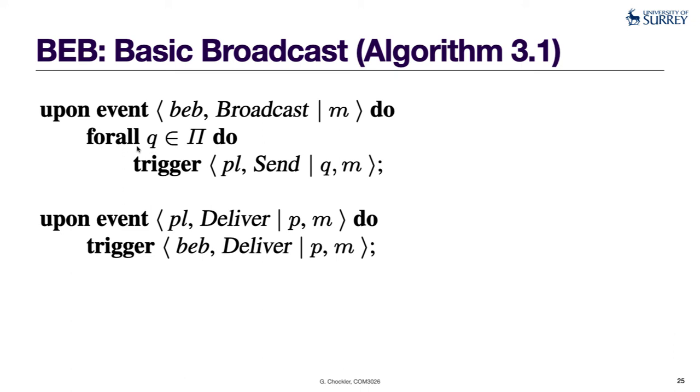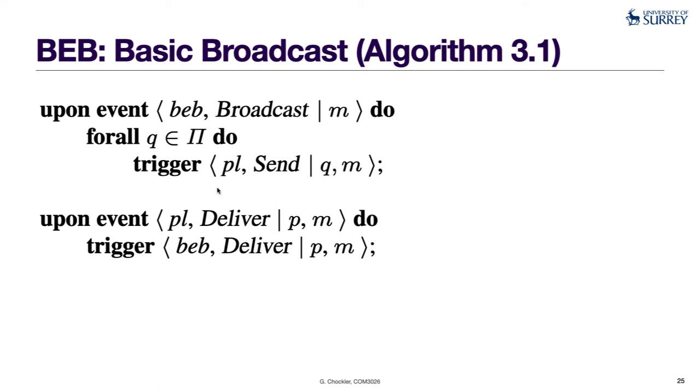The process simply iterates over all processes in this set, and invokes the send request for every such process as a destination to send message M to that process. This is basically just the iterated unicast written slightly more carefully in this more mathematical notation.